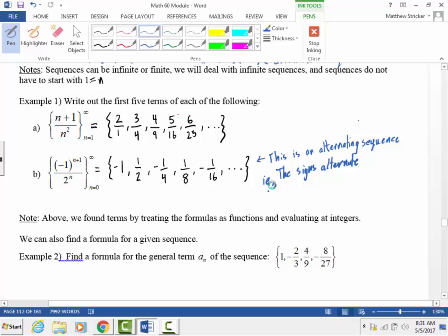Now, for these two, the formula is given, and we could come up with the terms of it. I could also ask you to do something like find the formula. Here the formula is given, find the terms. How about we go opposite? Notice again that the terms are alternating. Now, what in this formula made the terms alternate?